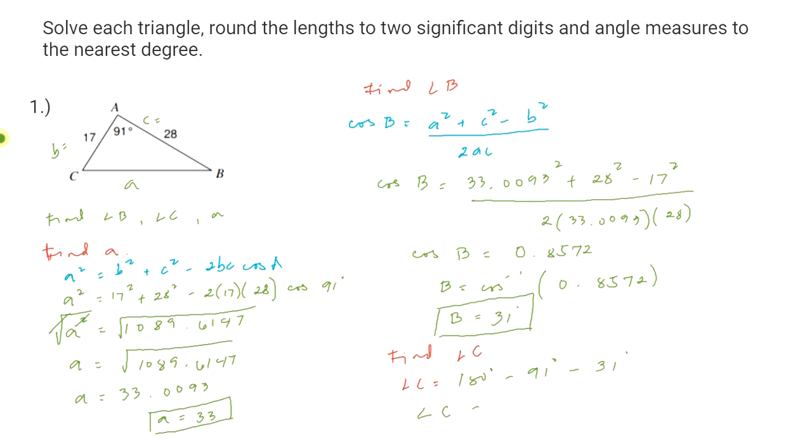So your angle C now is equal to 58 degrees. So you have completed the measurement of our triangle.